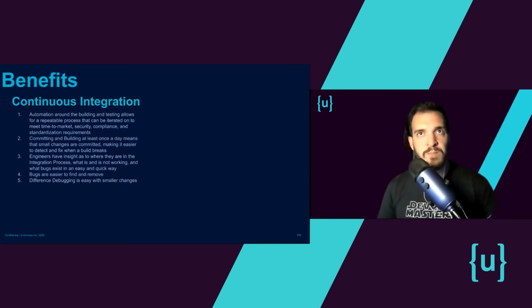So if I know there's an error, I can look at the difference between my local and the main. Maybe I fat-fingered something and there's a mistype in there, right? This gives me a very quick way to debug, and it's really only possible if I'm doing small changes at a time.